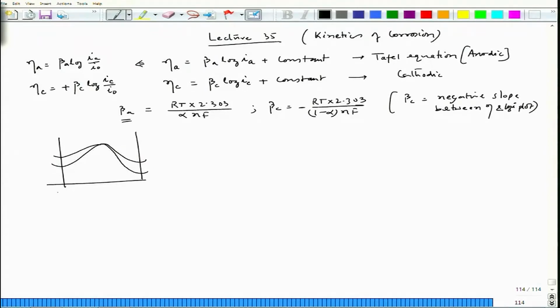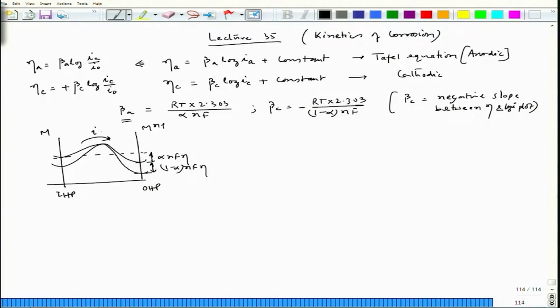So, we have this kind of energy distribution plot, where this one is alpha N F eta, and this part is 1 minus alpha N F eta, and this is the M side, this is the M n plus side.